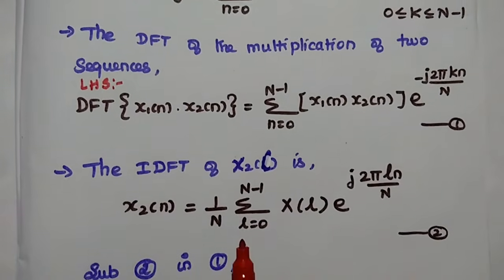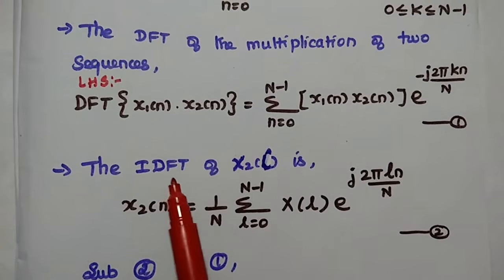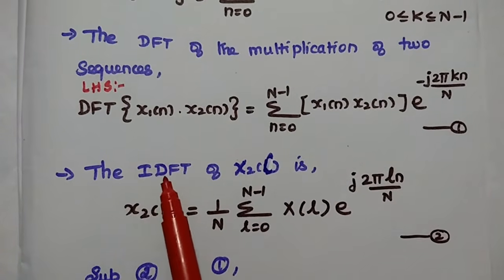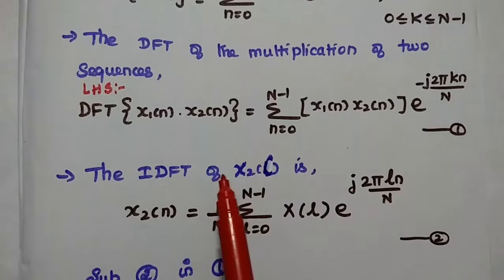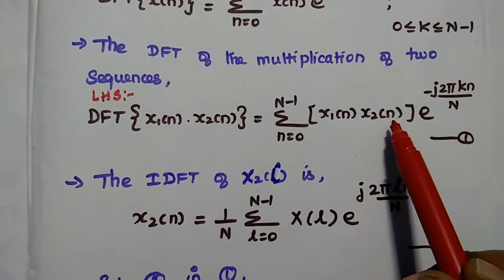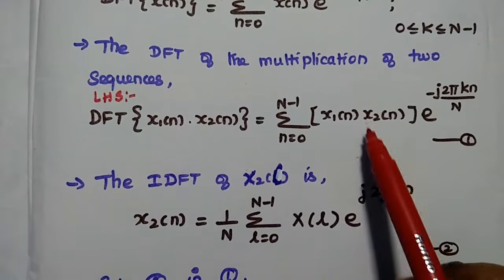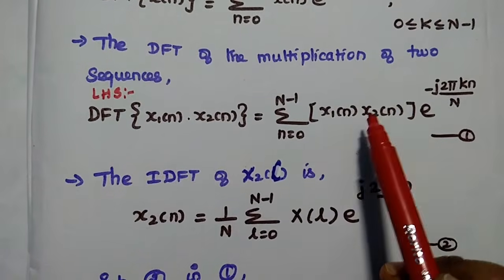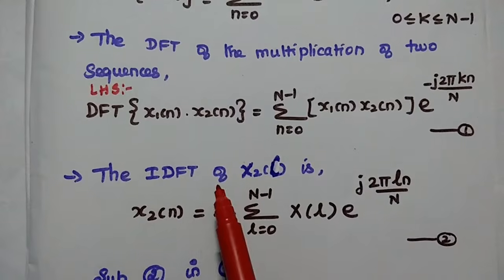For further simplification, we are going to consider the inverse discrete Fourier transform of x2. Here we have x2 of n, so we obtain this x2 of n by using the inverse discrete Fourier transform.